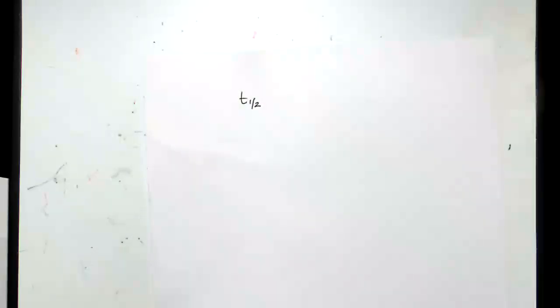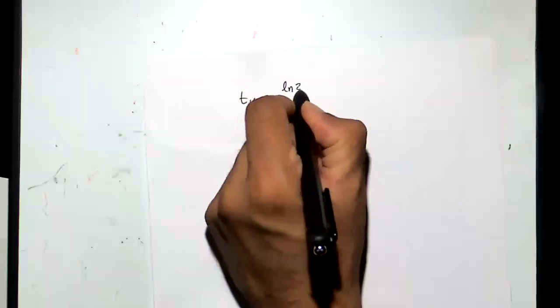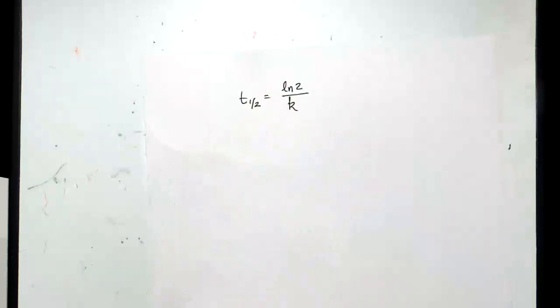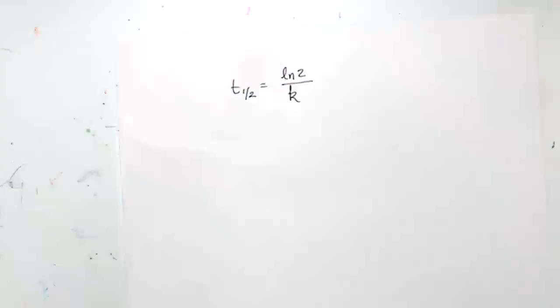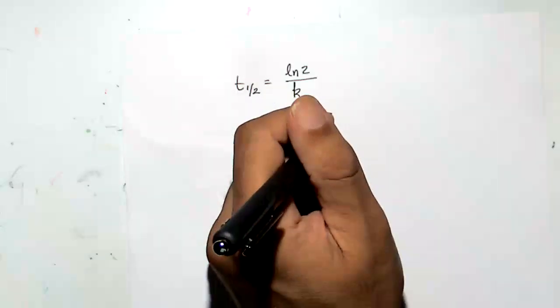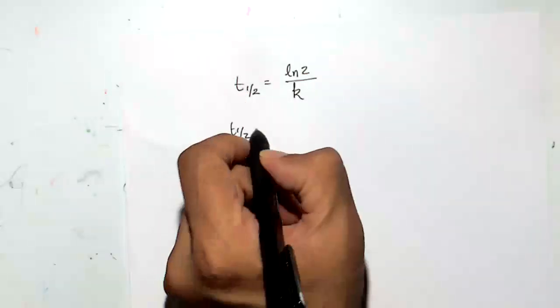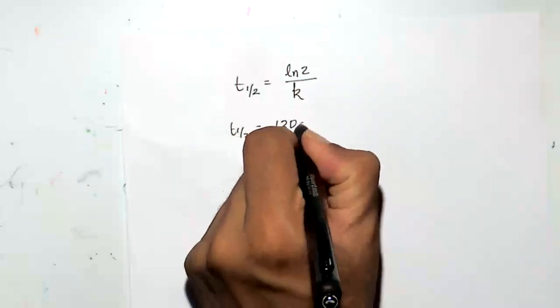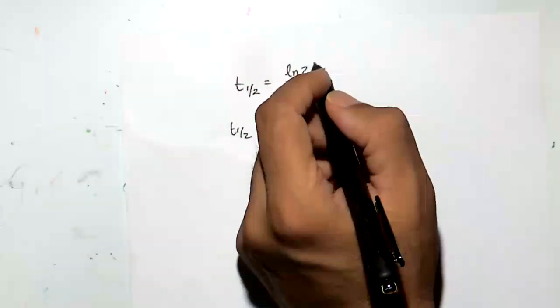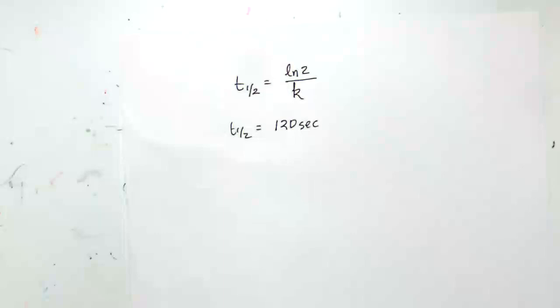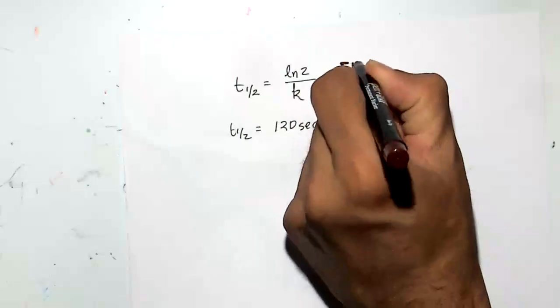For a first order reaction, half-life is natural log of 2 over K. So let's say you have your T1/2. This is just simple, doing your calculations. Let's say the half-life of something is 120 seconds. Do you remember if this is first order or second order or zero order? On your rate law sheet, if you look at it, it's first order. This is the half-life equation for a first order decay.